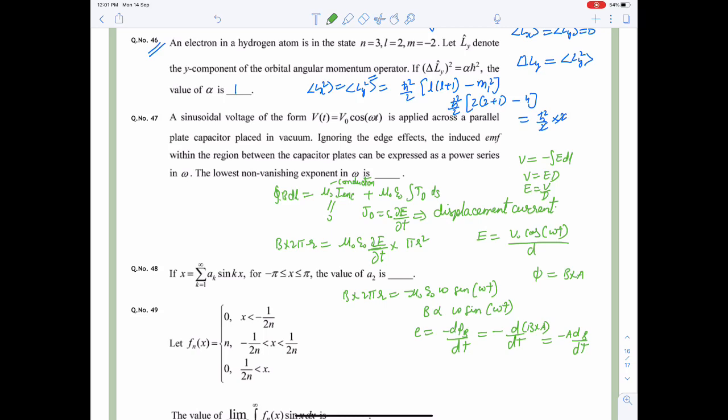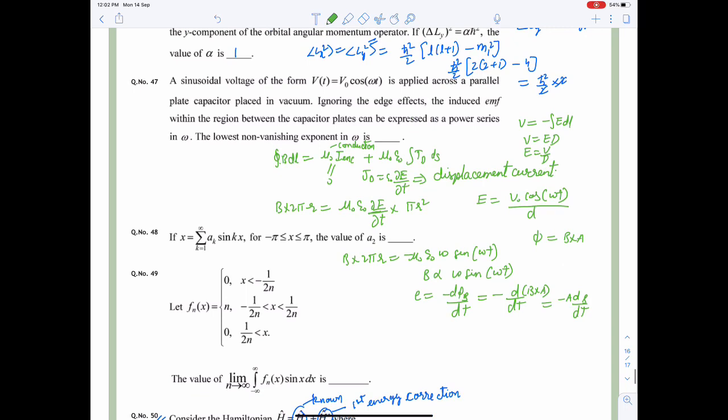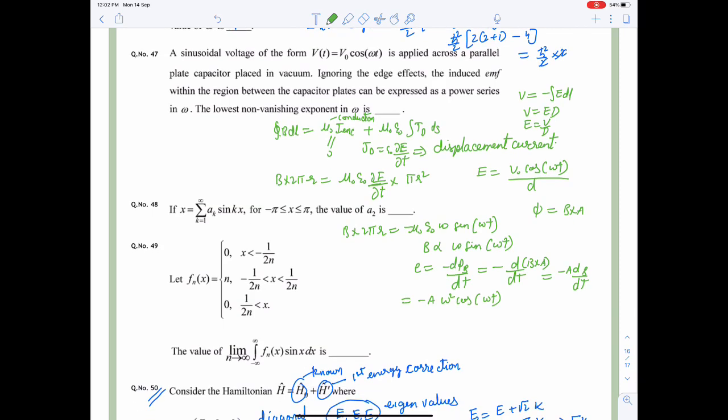So minus A dB/dt will be omega square cos omega t. So EMF is directly proportional to omega square cos omega t.